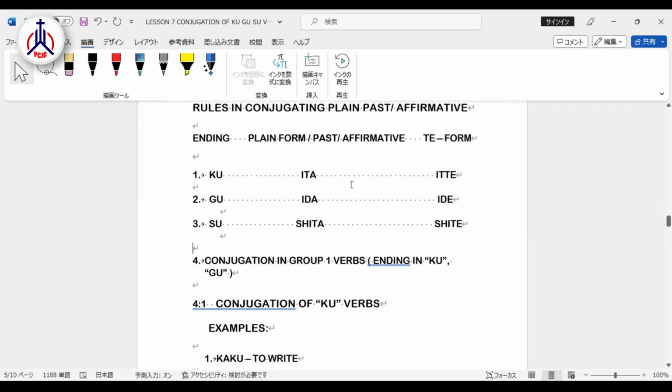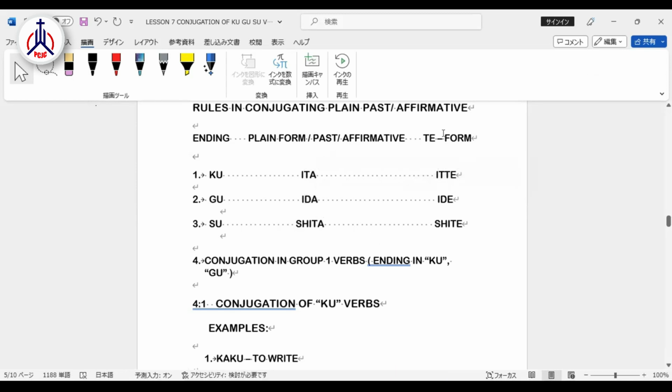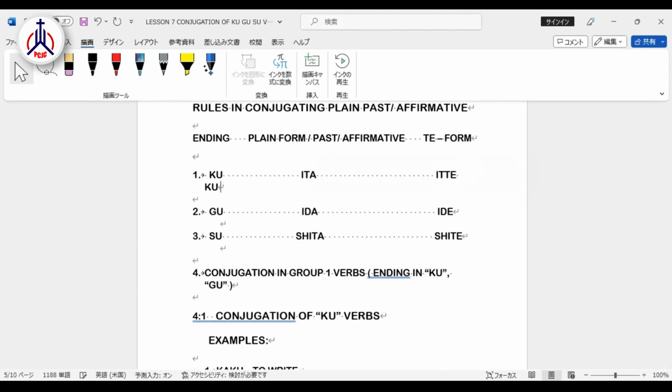It's very easy because did you notice that the past always has ta, or sometimes da. In the te form: ite, ide, shite. And this will go with kudasai, which is what we had the question about today, why there is a kudasai.